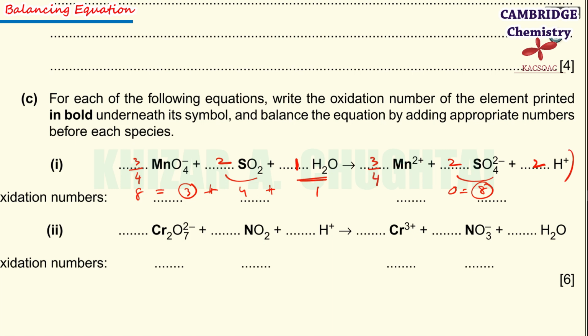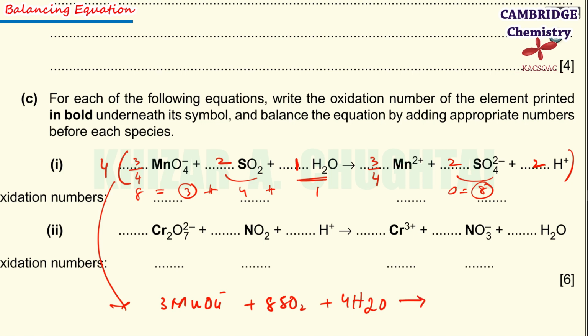So multiplying by 4 to the whole equation, you will get, I'm writing over here, 3 mole of MnO4 negative plus 8 mole of SO2 plus 4 mole of H2O goes to 3 mole of Mn2 positive, 8 mole of SO4 2 negative plus 8 mole of H positive ion.